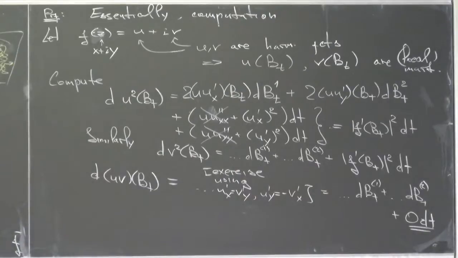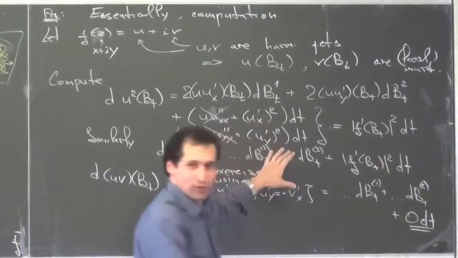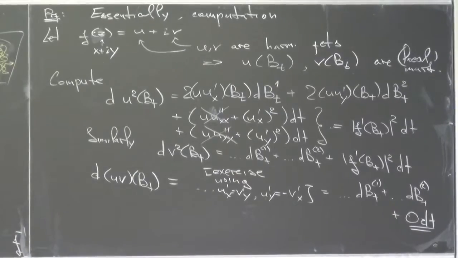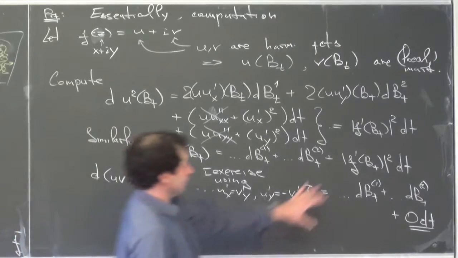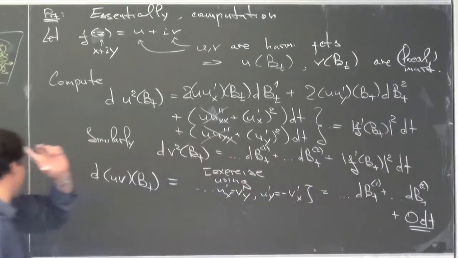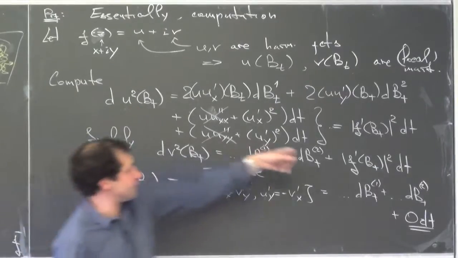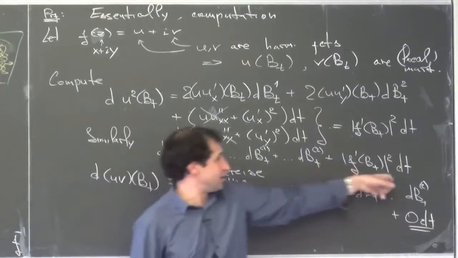Well, anyway, this is just a computation. I mean, if the claim is true, which we heard many times, right, then it must work. There is just no way for this to break down. Okay, good. Now what I'm saying is that I have now two local martingales. The quadratic variation of the first is given by the integral of that. The quadratic variation of the second is given by the integral of that.